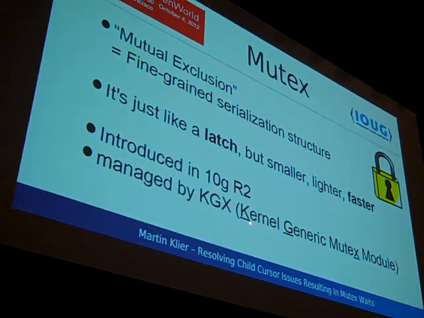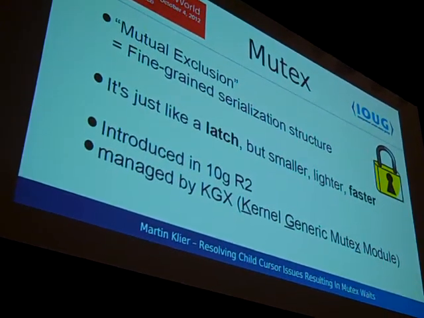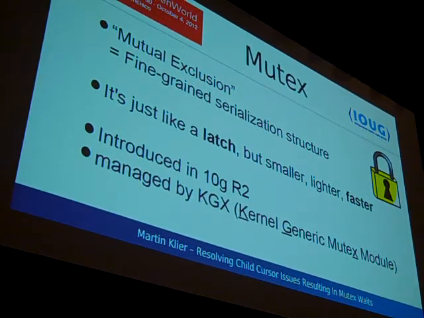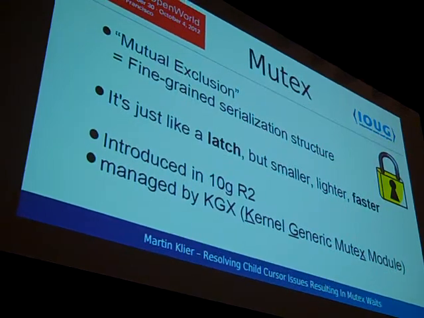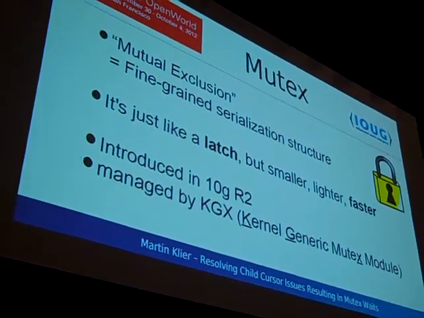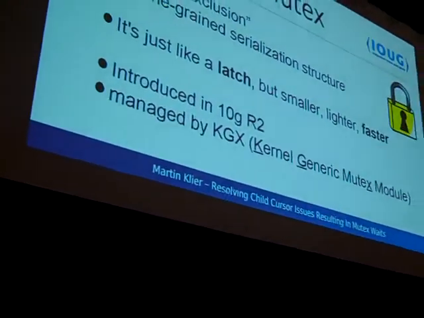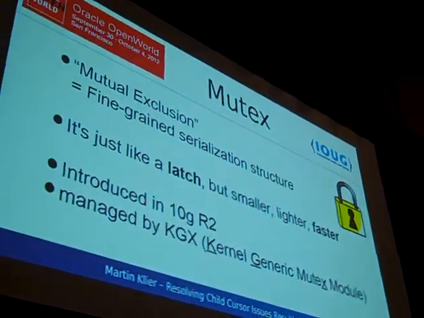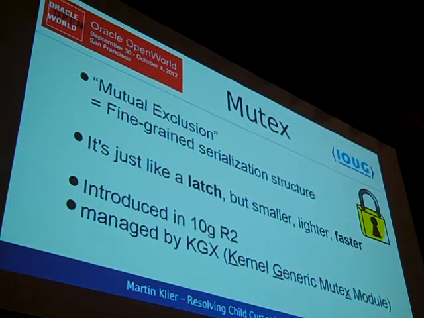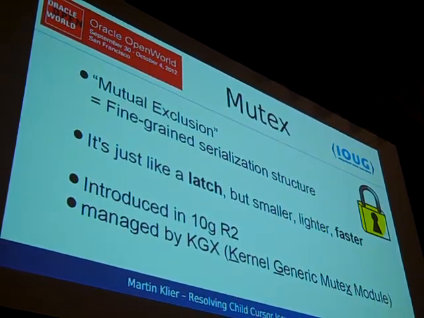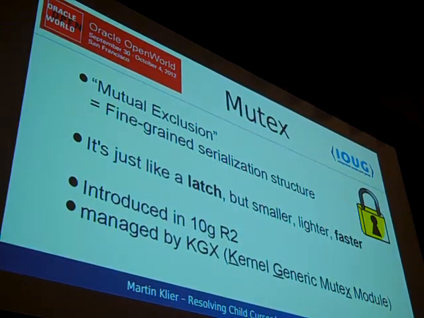And in this case, the kernel generic mutex module of Oracle is emulating them. I did not see any performance issue when using RISC processors. We are shipping 50% of our products for IBM AIX, so it's no disadvantage. It's just a different solution.